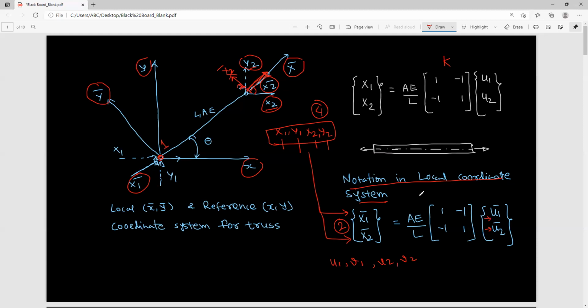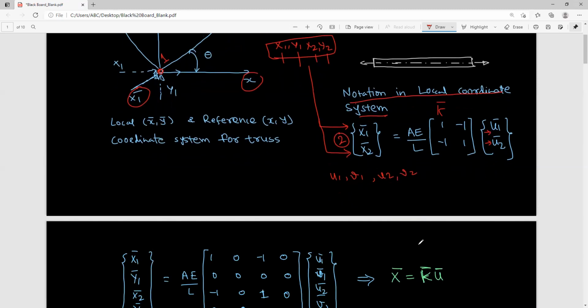So we are required to expand this matrix to the size of the reference coordinate system, and we will write this K matrix, basically the K bar matrix, which is the local coordinate system stiffness matrix, in this expanded form.